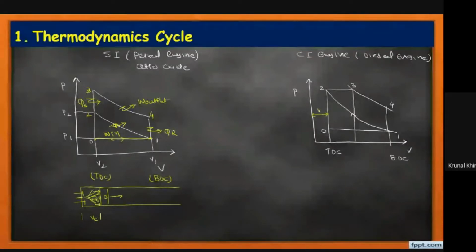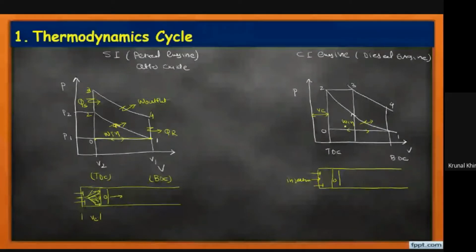Similarly, we consider the cylinder, and we represent the piston at top dead center. There are the exhaust valve, suction valve, and here the injector is there. Now students, similarly 0 to 1 is the suction, or we can have the exhaust. Then 1 to 2 is the compression, and we supply the work for the compression of gas.